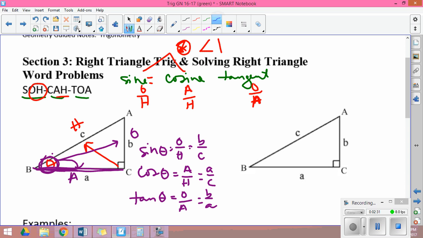But if I switched to this exact same triangle, but moved up to this angle up here, and let's call it beta, then hypotenuse is still the hypotenuse, but now this is my opposite, and this is my adjacent. So you're going to always see me circling and marking the angle that I'm working on so that I know exactly what is opposite and what is adjacent relative to where I'm at.